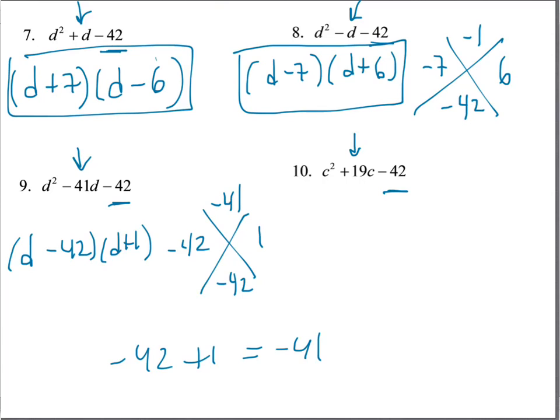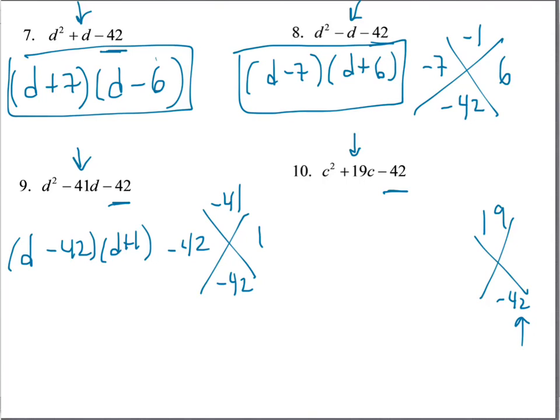Now we have this last one here. Again, negative 42 and 19. I know that the bigger factor is positive. This 42 has 21 and 2 as factors, so that must be what we have to work with. We have to make one of them negative because the product is negative.